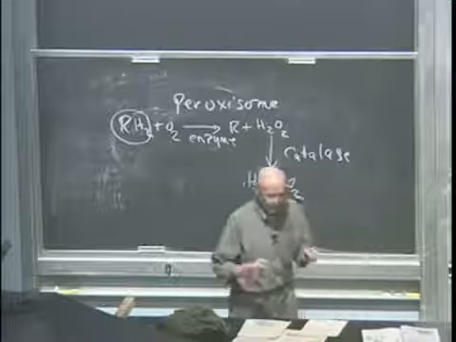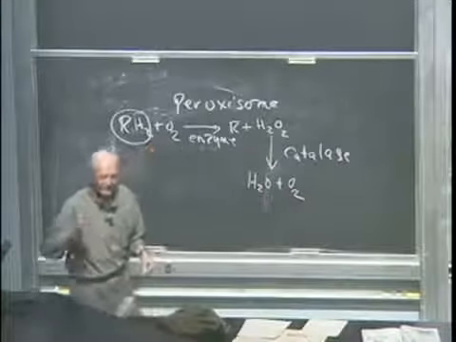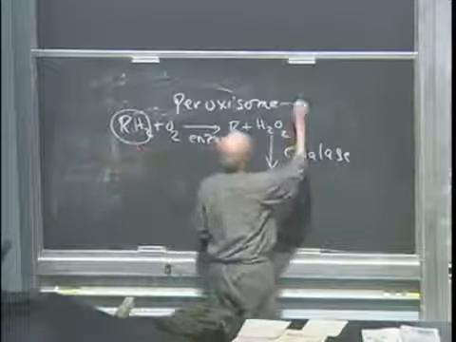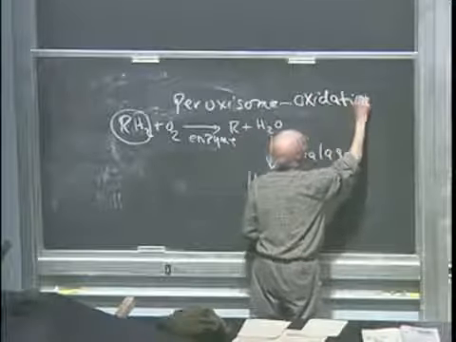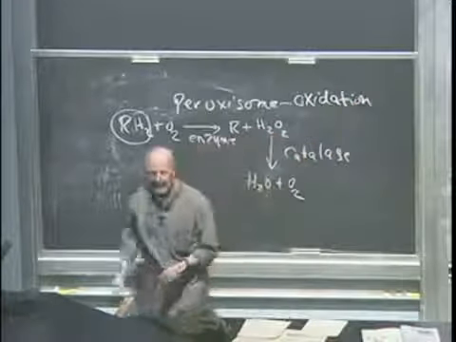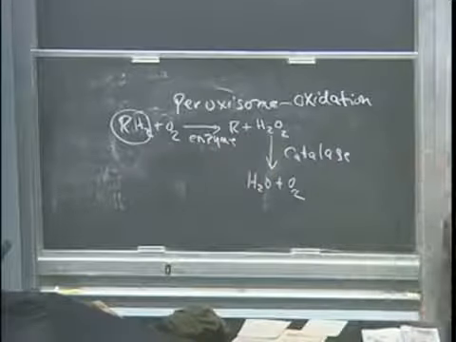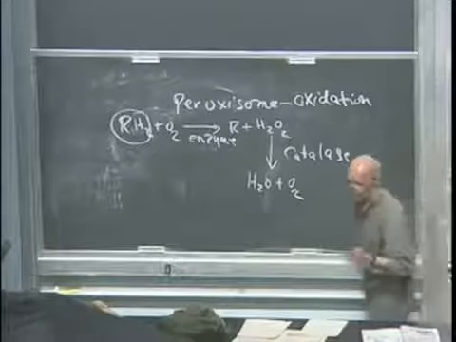So peroxisomes and lysosomes are both breaking down molecules. They're both degradative organelles, but the peroxisome does it oxidatively, using molecular oxygen, and the lysosome is breaking down materials just by hydrolyzing bonds in those particular materials.